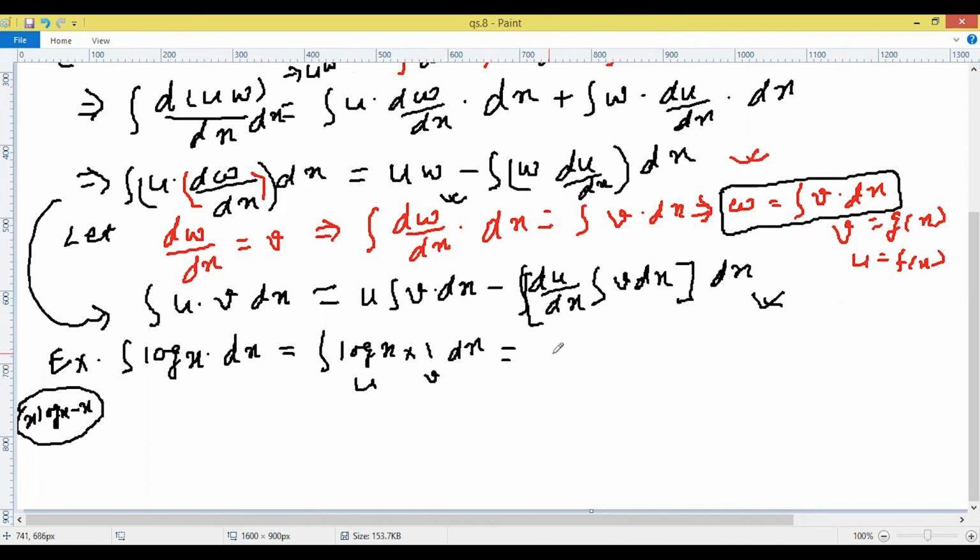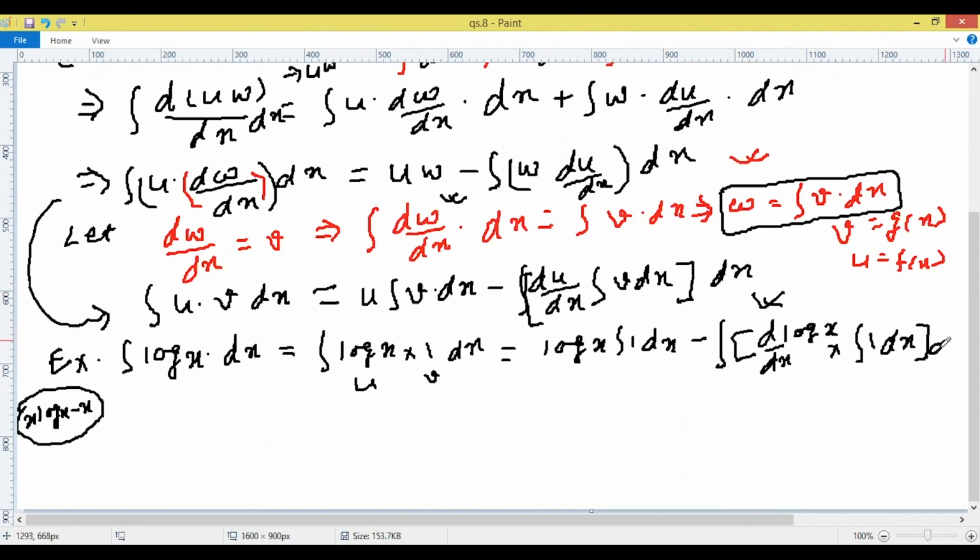So in place of u write log x, in place of v we have 1, so 1 dx, and minus the integration, and in place of the derivative of u, it is again log x, times the integration of v, which means 1 again, so 1 dx, and then it is the whole dx.